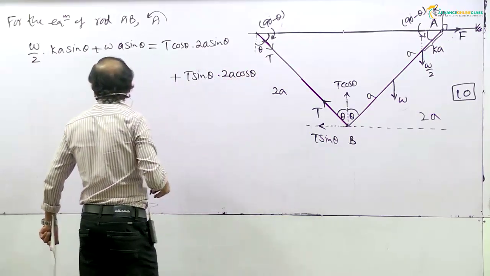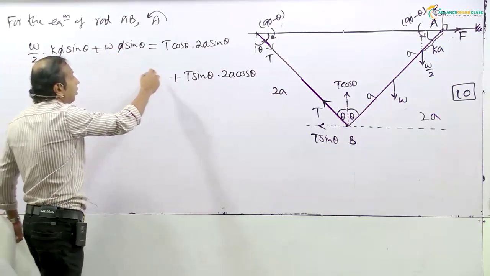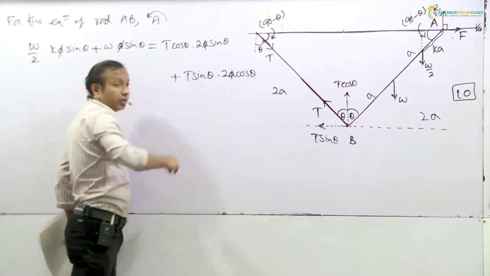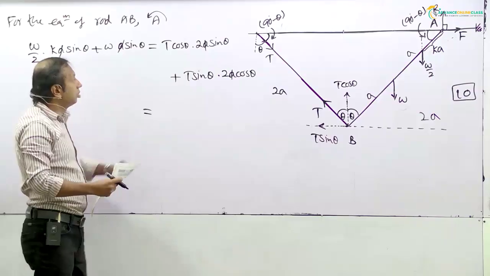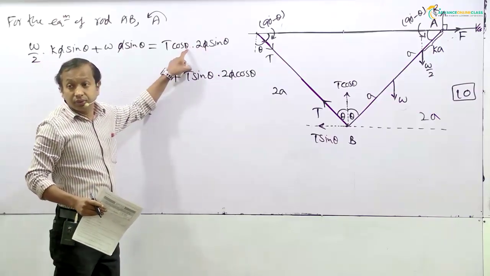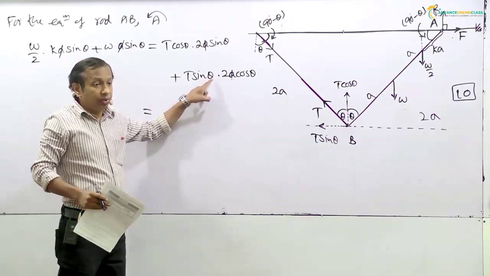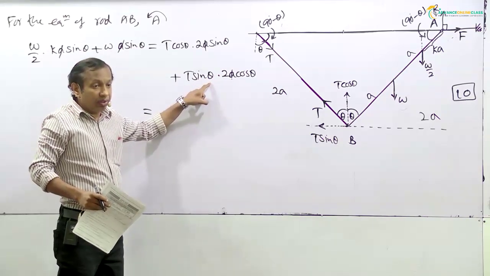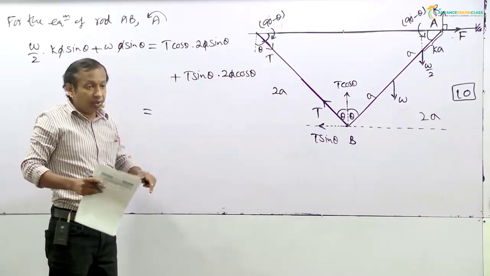Now we get it like this. The a's you can cancel down. What is this? 2 sin theta cos theta is sin 2 theta. Then we get T sin 2 theta, that is 2T sin 2 theta.